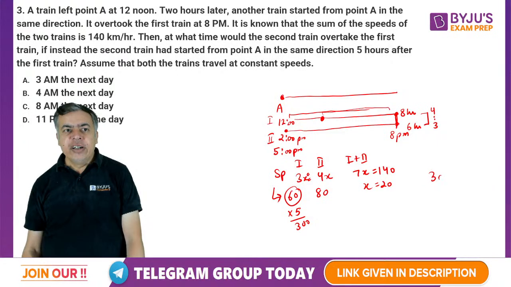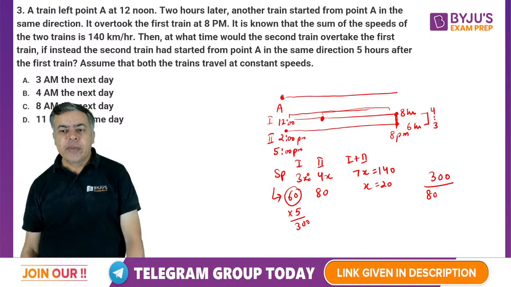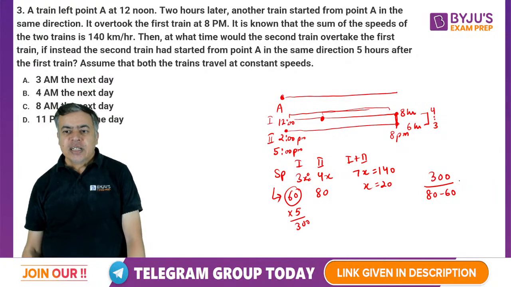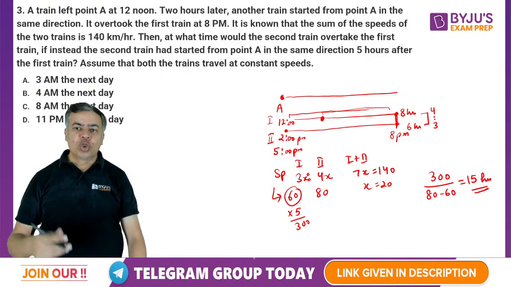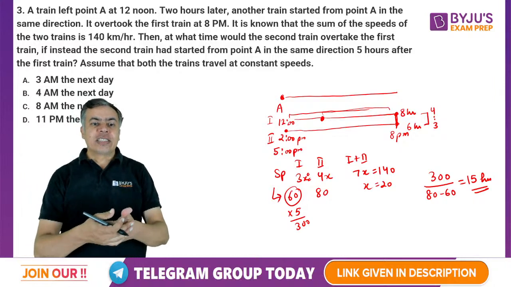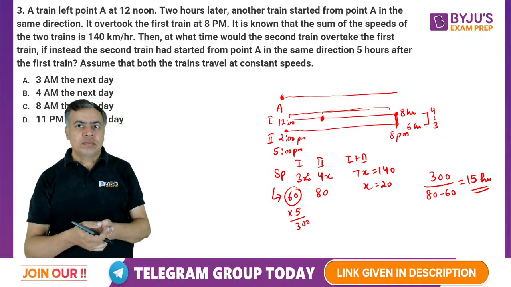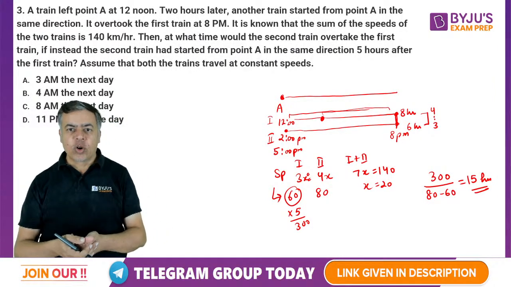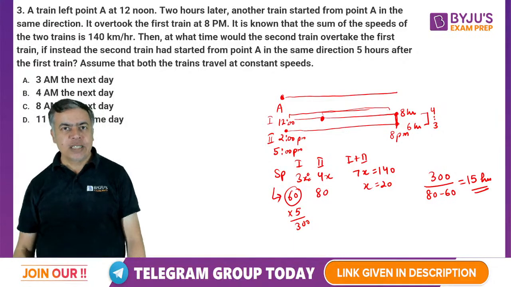Now that 300 kilometers is to be covered at a relative speed of 80 minus 60, that is 300 by 20. It will take 15 hours to overtake the first train.